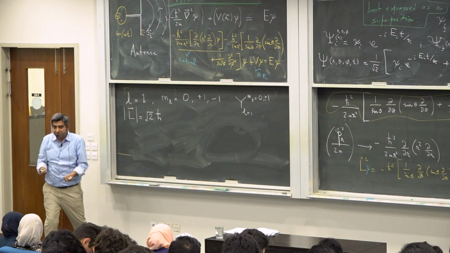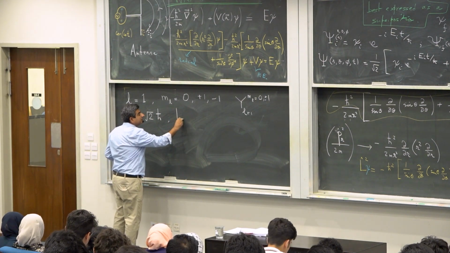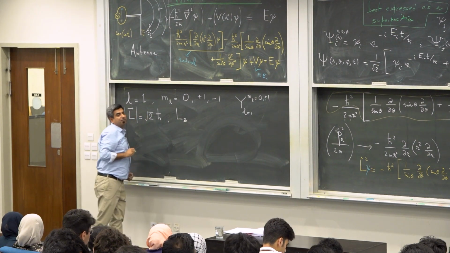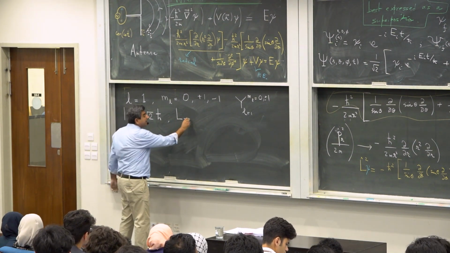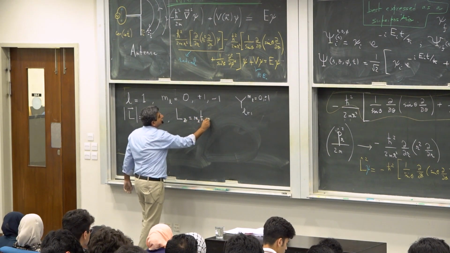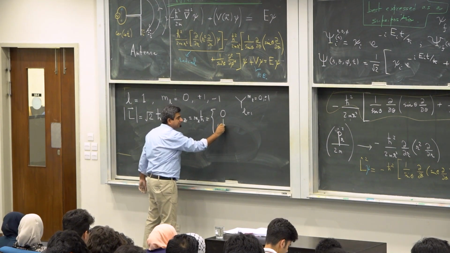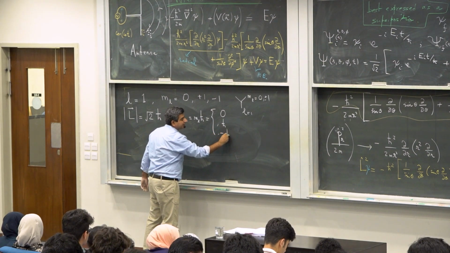It's a very small number, h bar, very small. And what are the possible values of the z component of this angular momentum? ML h bar. So it could be 0, it could be h bar, or it could be minus h bar.